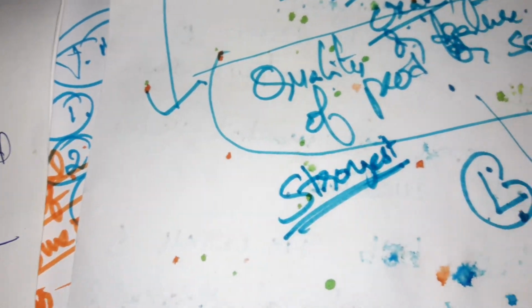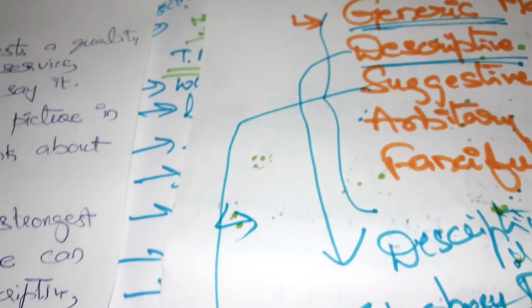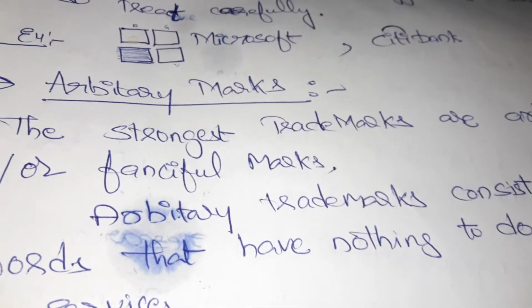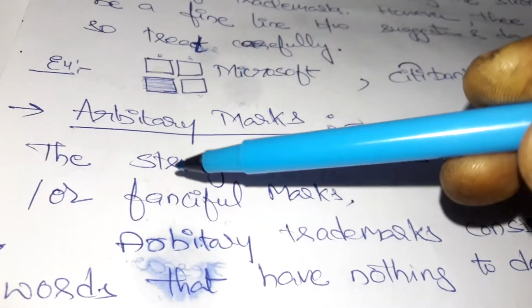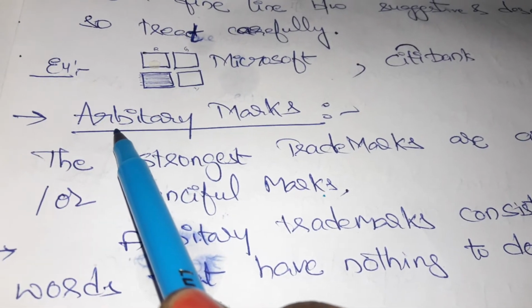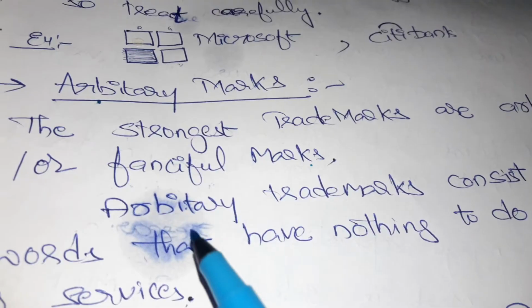Next one, arbitrary marks. The strongest trademarks are arbitrary or fanciful marks. Arbitrary is nothing but a strongest trademark.